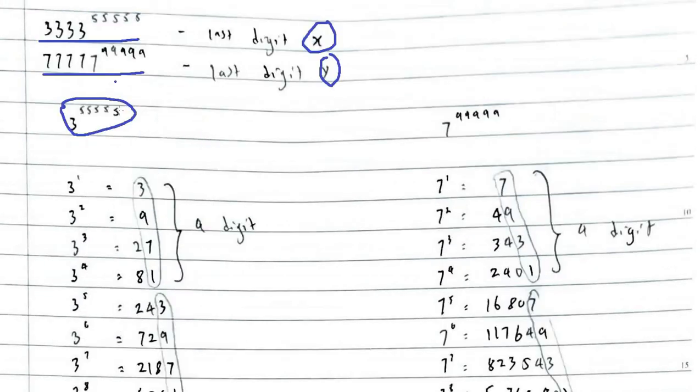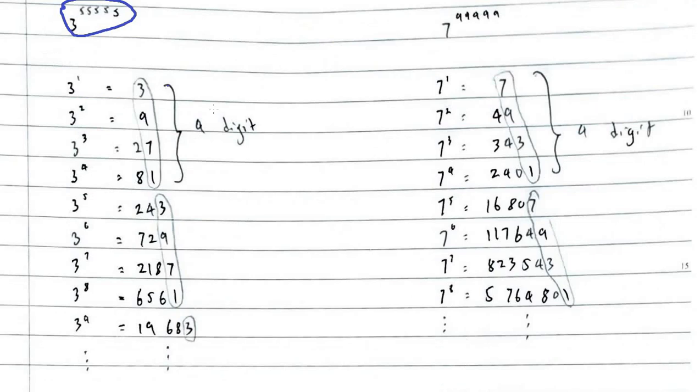So for the first number, we got 3, 9, 7, 1, and the other 3, 9, 7, 1 also. So this is the first iteration.